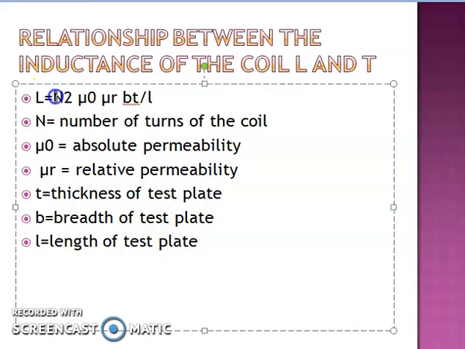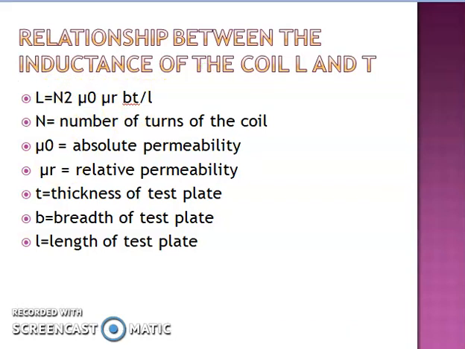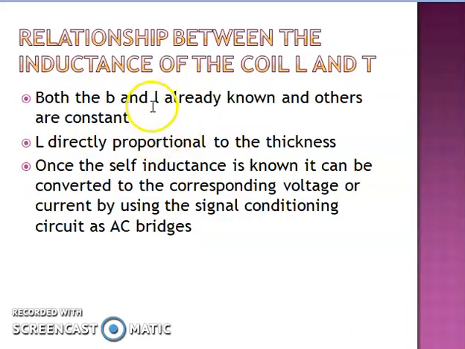Now we already know that the number of turns, absolute permeability and relative permeability are all constant. The primary condition is that we have to keep the breadth and length of the test material constant. Then the inductance is directly proportional to T, since all other parameters are constant. That is, both B and L are already known, the others are constant, and L is directly proportional to the thickness.